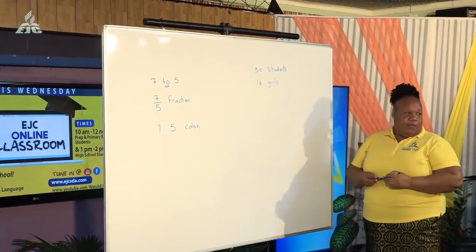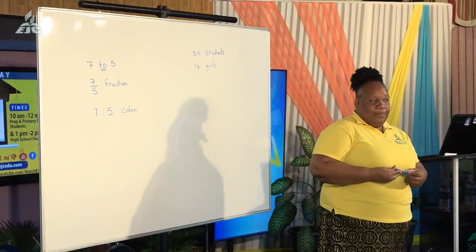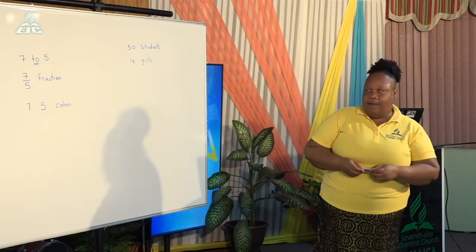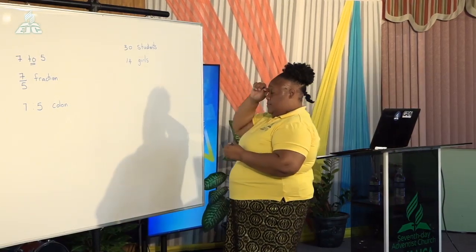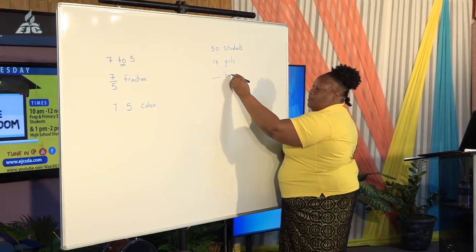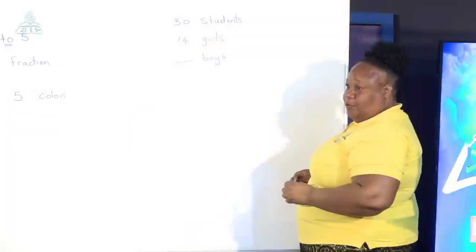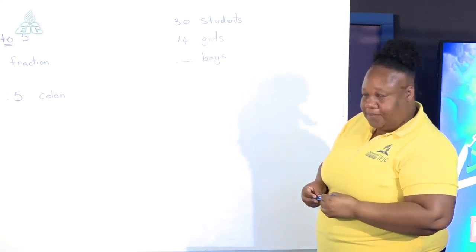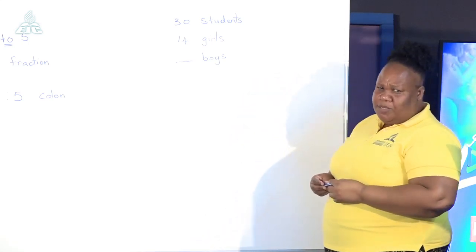And we need to find out what? How many are boys? So we don't know the number for boys, so we have to find out how many are boys. How are we going to do that?